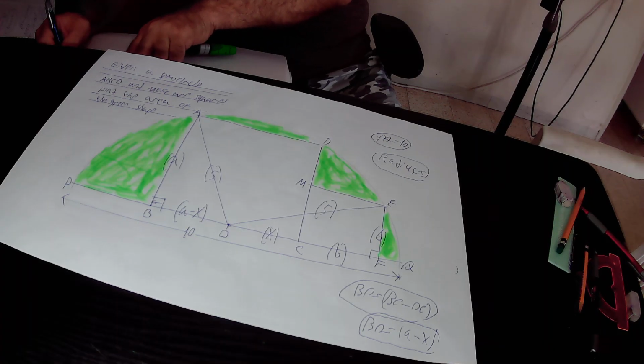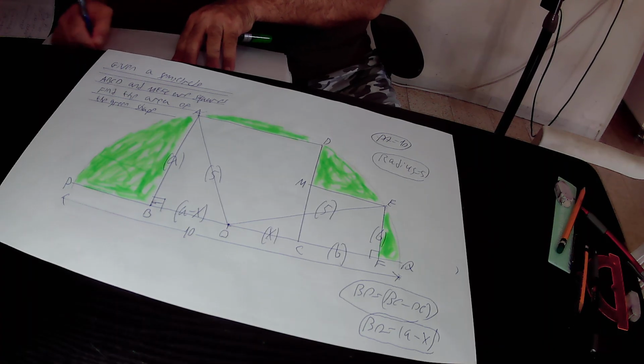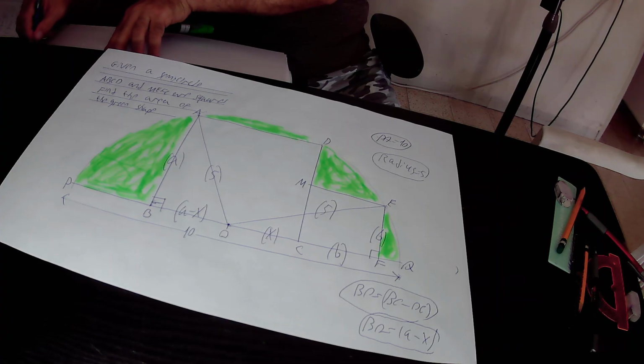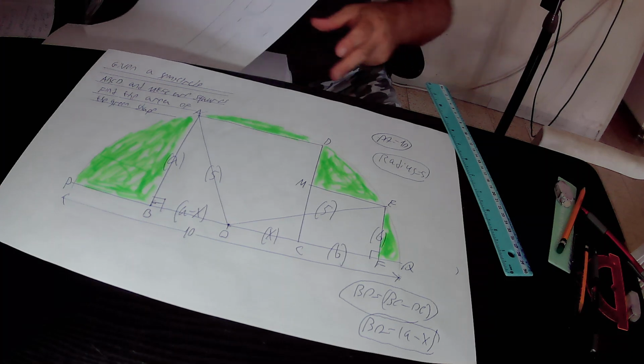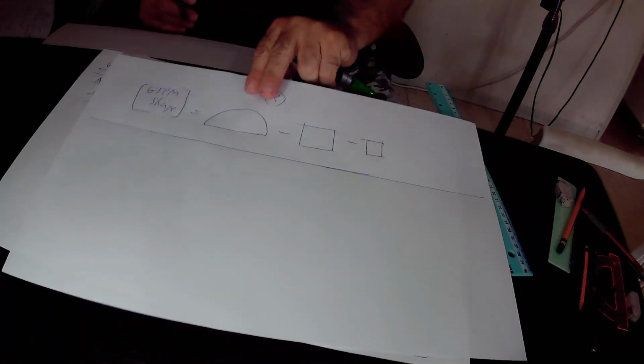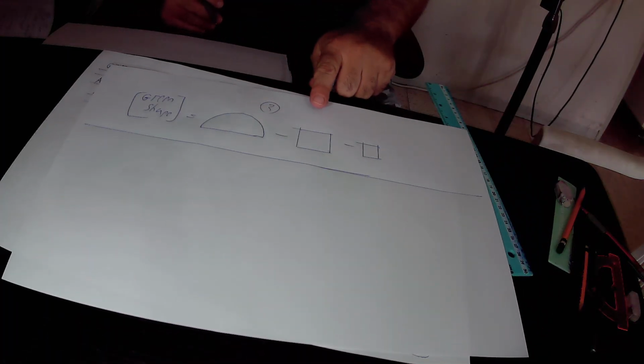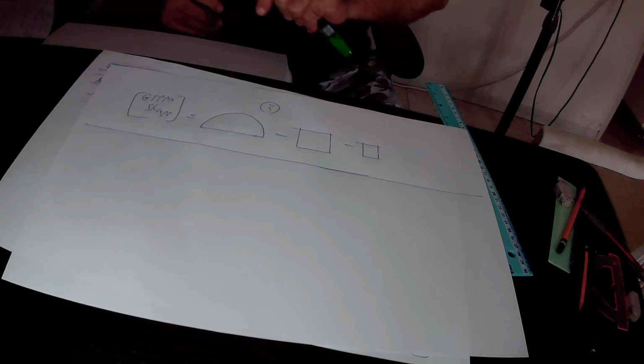So to repeat, we found out that the area of this green shape, that is the area that we are looking for in this question, is equal to the area of the big semicircle minus the area of the big square minus the area of the small square.